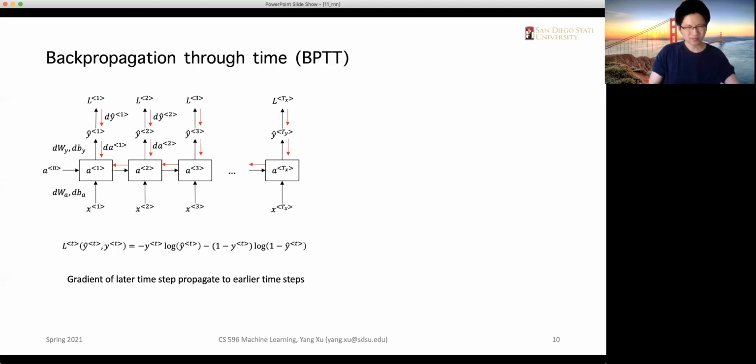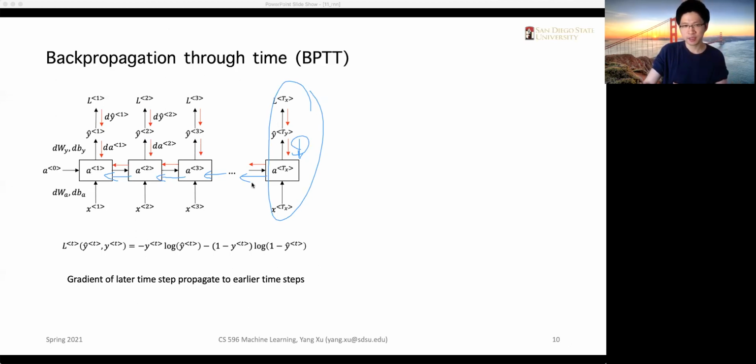So the problem is that if the gradients at the last step here are back propped, we need to compute the gradients for all the parameters along the way, right? So that is a lot of computation, right? For the last time step, we need to back propagate all the way to the beginning. So if it's a long sequence, then it's actually a very deep network, right?